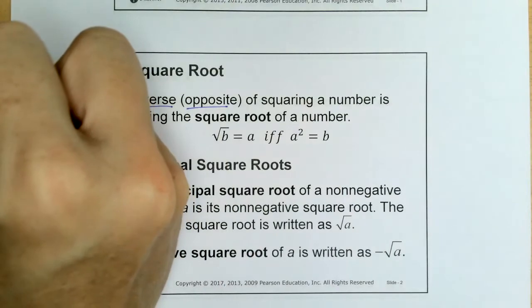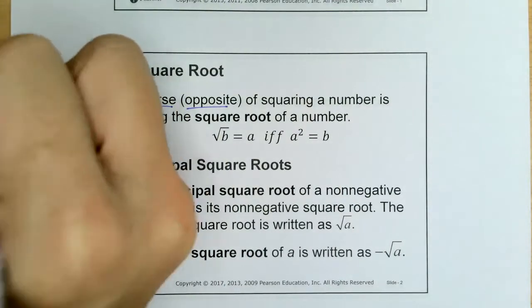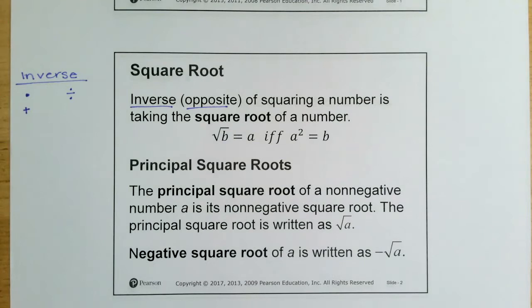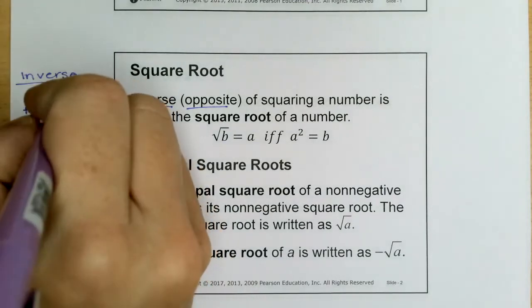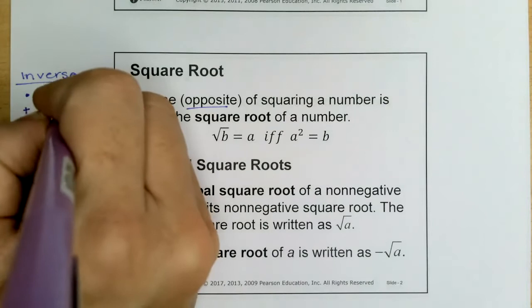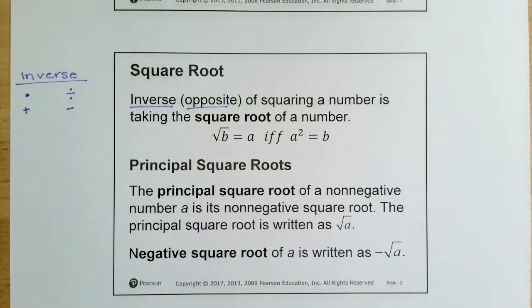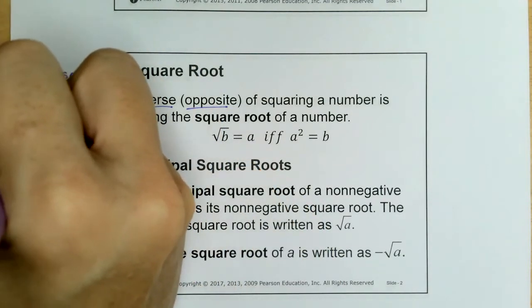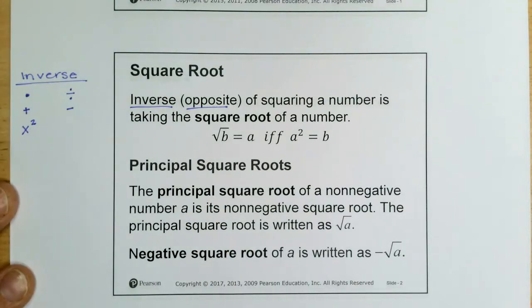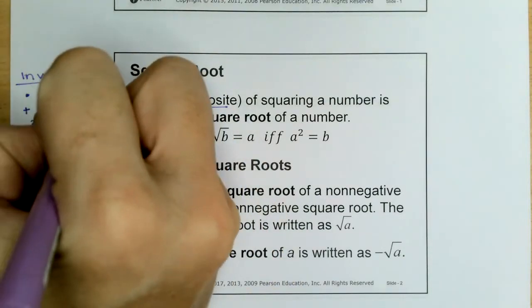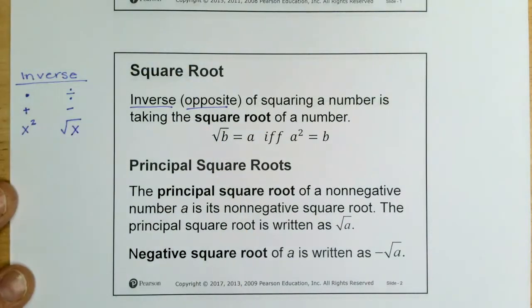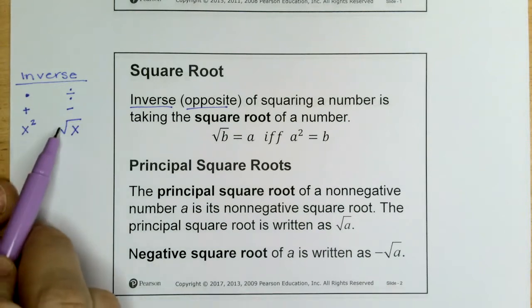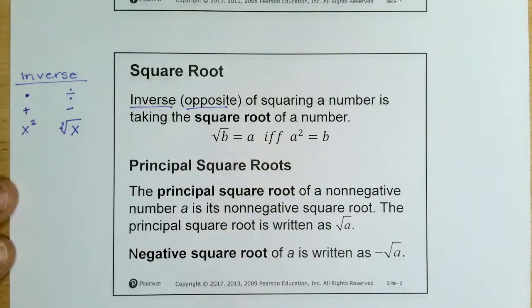If I have a variable and they are adding 5 to it, a plus 5, the inverse or the opposite of that would be to subtract 5 from that variable, right? So if I have x squared, the inverse of x squared would be the square root of x. That's an understood 2 right here, or you can write a 2 right here if you would like.